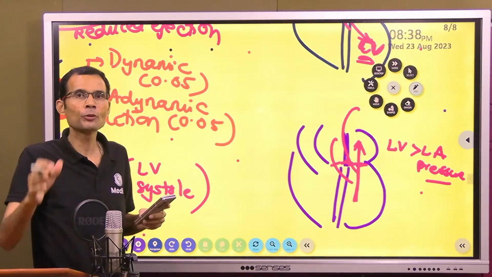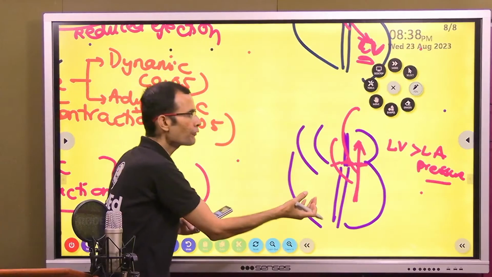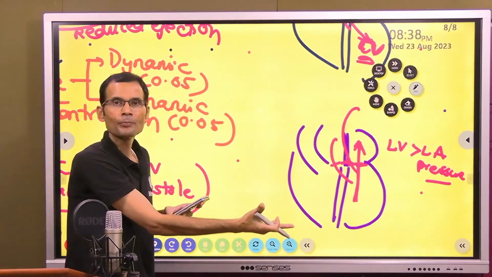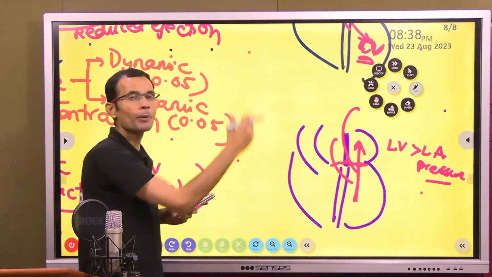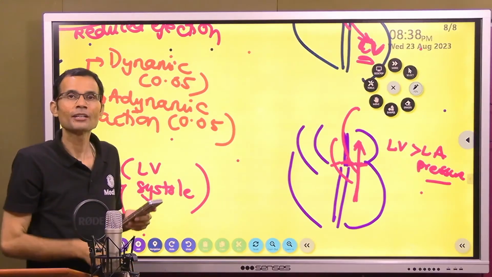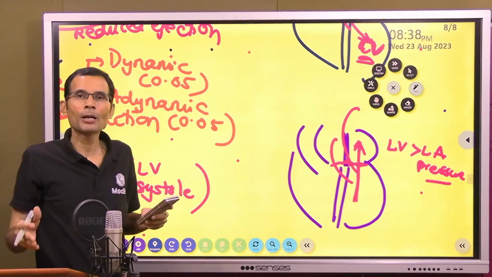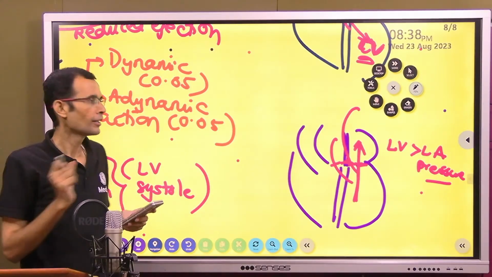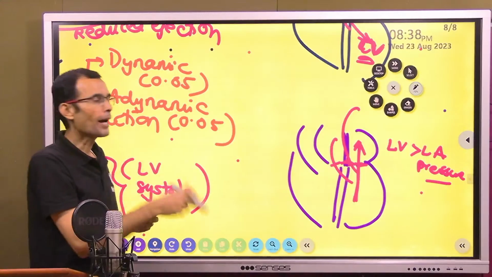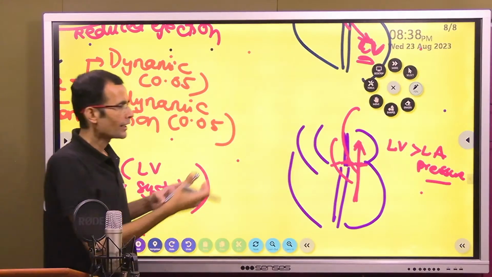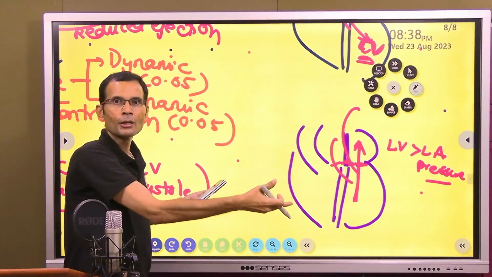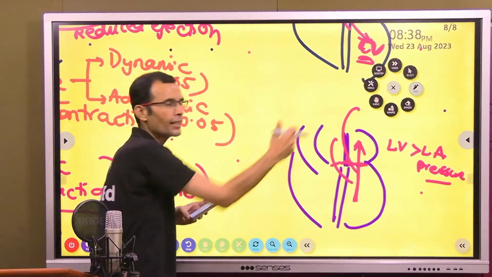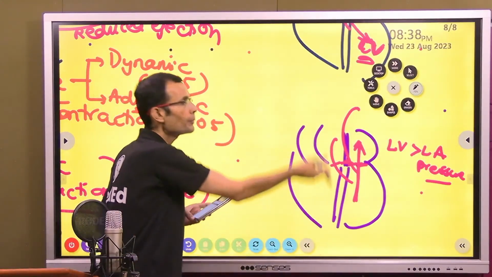And the beauty of it to be understood is that the left ventricle is relaxing and yet it is sending the blood out. See, what is the purpose of ventricular relaxation? To receive the blood. But here, if the mitral valve is regurgitant, the left ventricle is relaxing, but because its pressure is still more than the left atrial pressure, blood will be sent out.